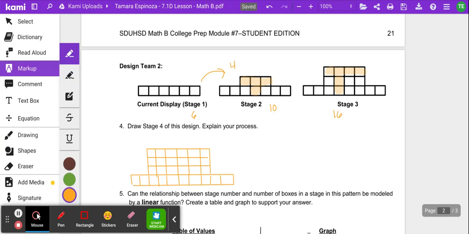So we'll be adding 1, 2, 3, 4. 1, 2, 3, 4. This one got added. We're adding all of these.